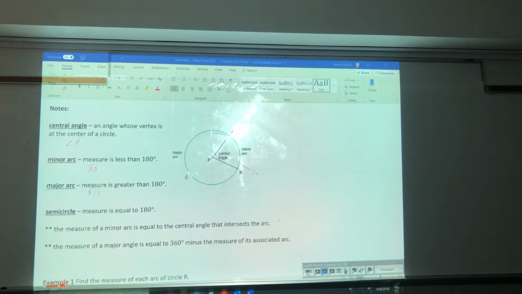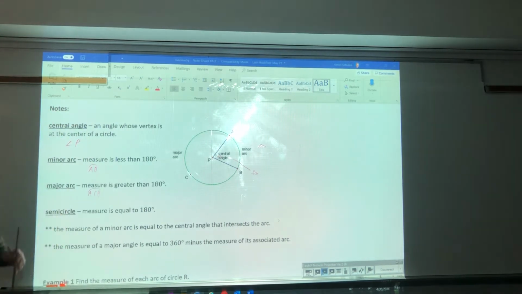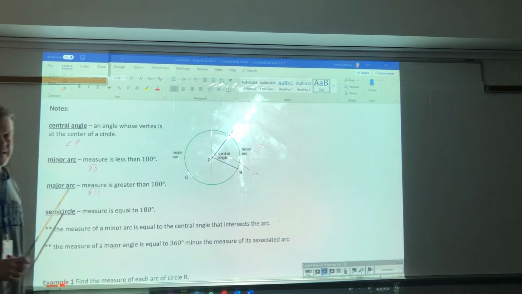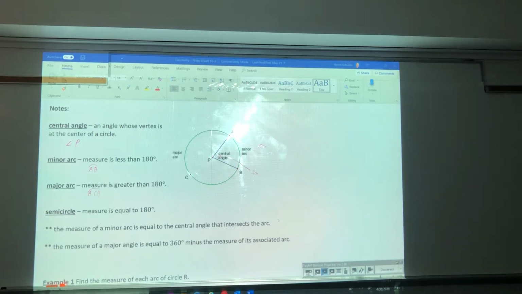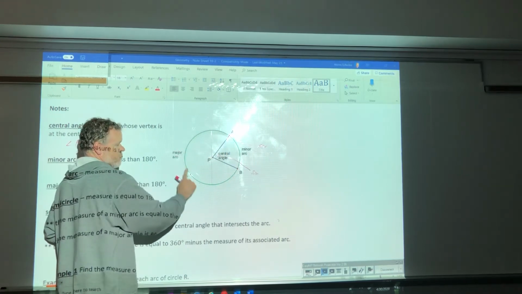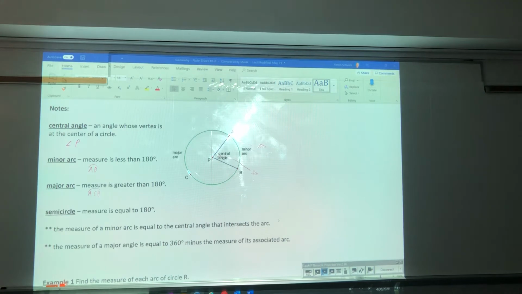So the measure of the major arc, say if this was 80 degrees here, we would have 360 and we would take away 80, and that would give us our major arc here. The major arc here would have a measure of 280 degrees. So that's how we would find our major arc. Just take the minor arc away from 360.